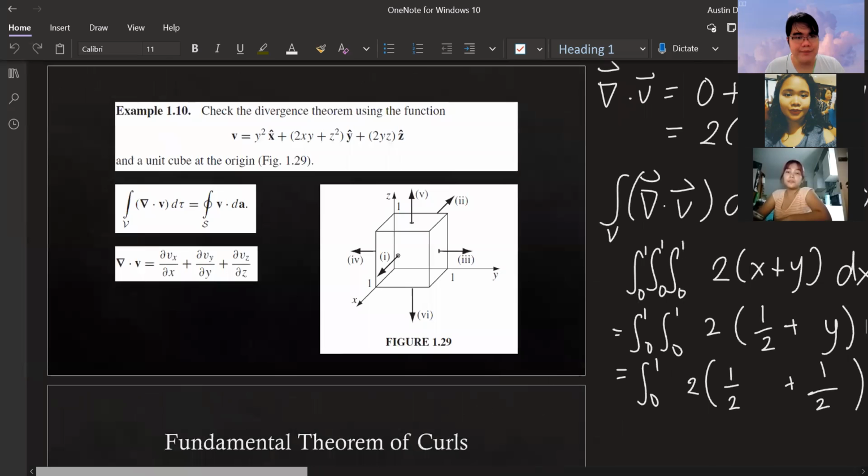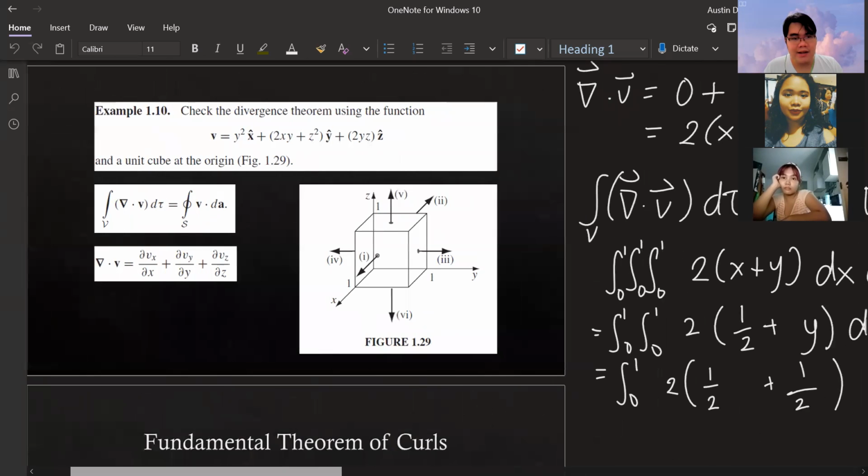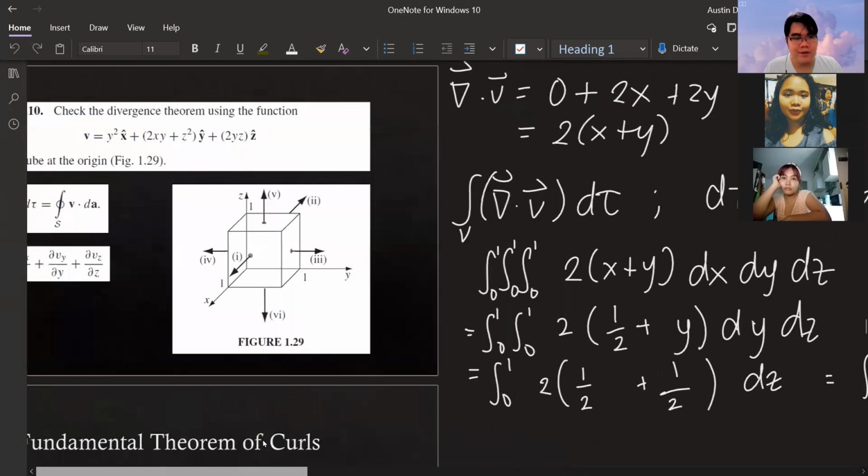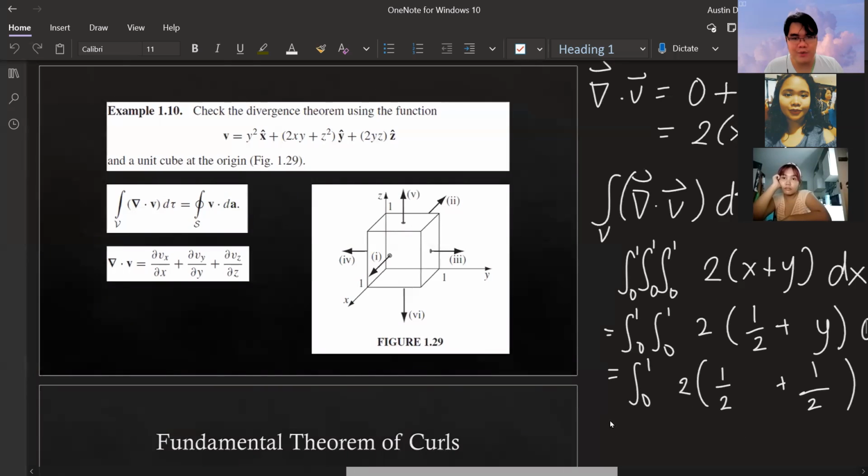Okay, and then sa right-hand side, meron kang 6 area kasi may dA ka dito. So, kailangan mo ng area. Sa cube mo, meron kang 6 faces ng cube. So, meron kang 6 area. And then, since i-close natin yung integral, close the integral over the area, ang gagawin natin, isa-sum natin yung mga values na makukuha natin pag in-integrate natin yung integral natin per face or per side.